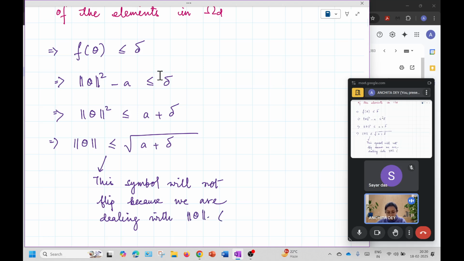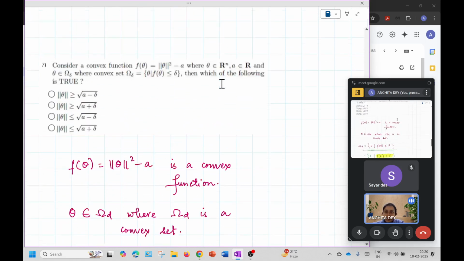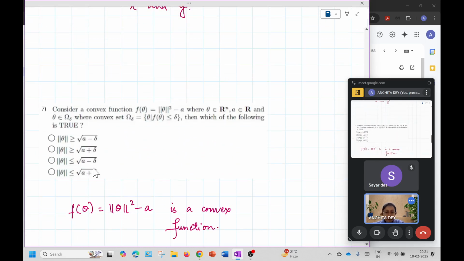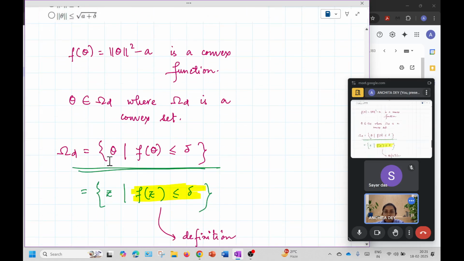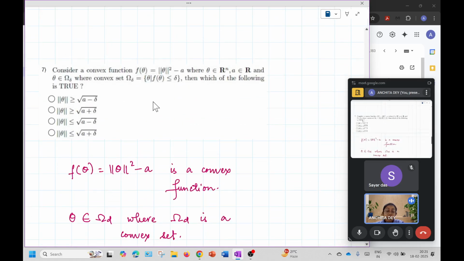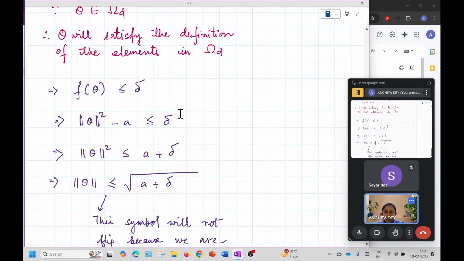Had there been no norm, then we would have an upper and lower bound on both sides, with minus root of a plus delta being less than or equal to theta, less than or equal to root of a plus delta. But since we are given the norm, we don't have to worry about it. It will only be the less than or equal to sign. And I think that gives away the answer to you, right? You have to find which of the following is true, not false.